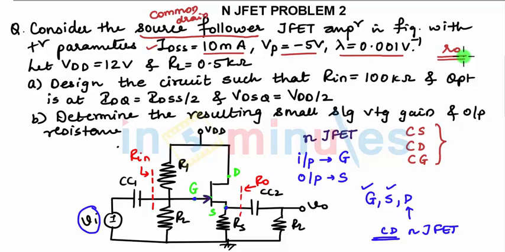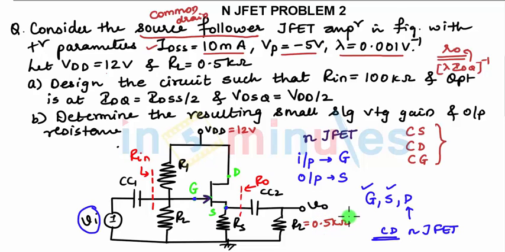Now in this case, RO is not infinite. How to find the value of RO: lambda into IDQ, the whole inverse will give you the value of RO. VDD is given as 12 volts and RL is given as 0.5 kilo ohms.